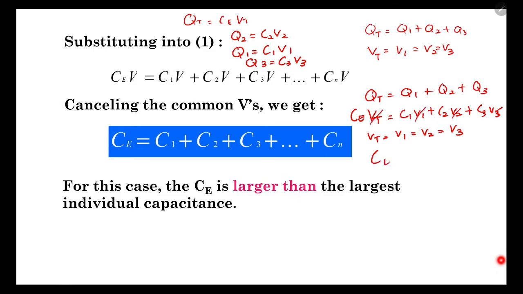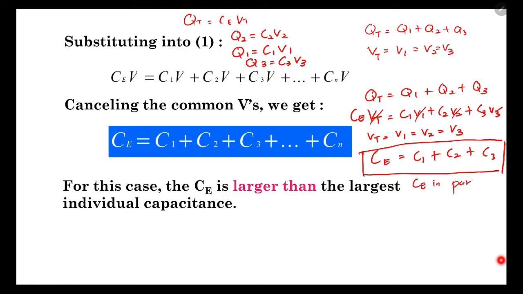So we get the last equation, which is C effective equals C1 plus C2 plus C3. This is the formula to find the effective capacitance in a parallel circuit.